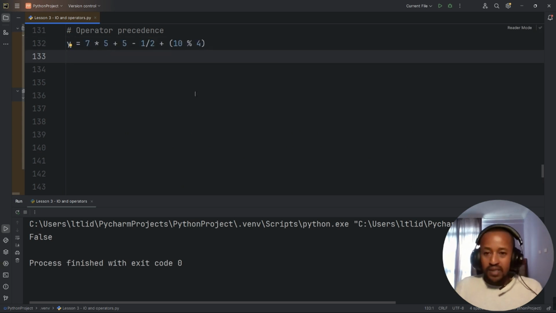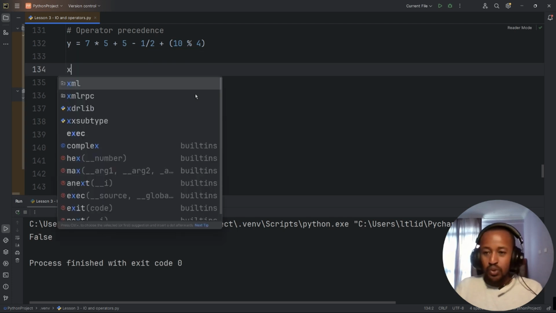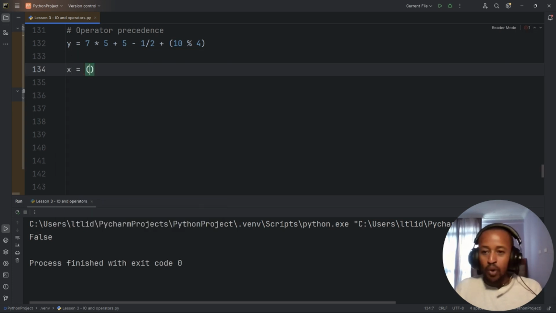So let's say this is the operation that you're going to do. You can add more parentheses because parentheses always come first. So 7 multiplied by 5 plus 5 minus 1 divided by 2 plus 10 modulus 4.